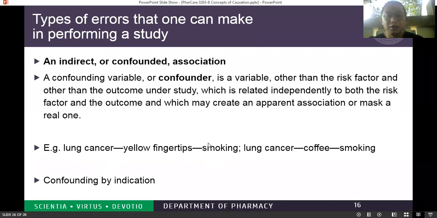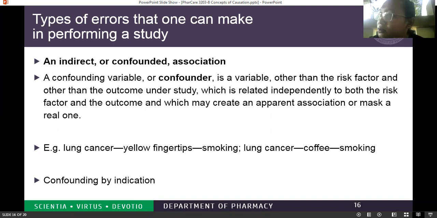Usually among those who have yellow fingertips, there are smokers. So smoking is actually correlated directly to lung cancer, not the yellow fingertips. So here, the yellow fingertips can be said as a confounder.